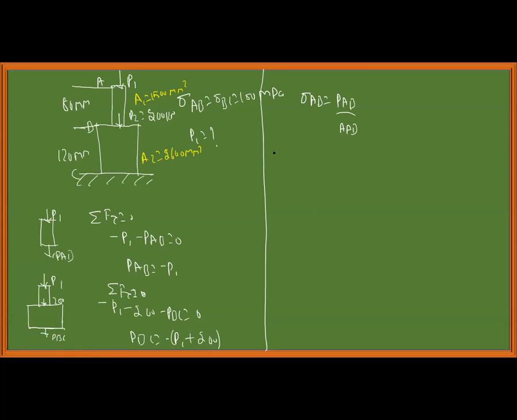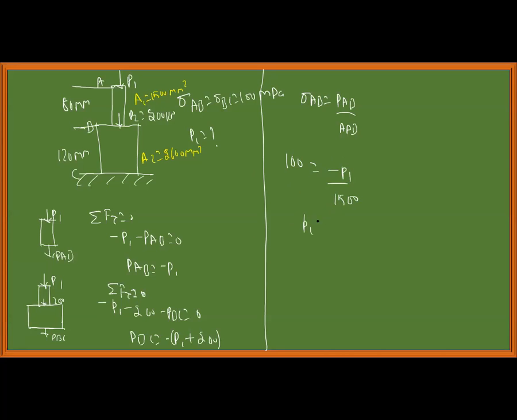For P of AB, the maximum allowable stress is 100 MPa. 100 is equal to P of AB divided by area of AB, 1500.